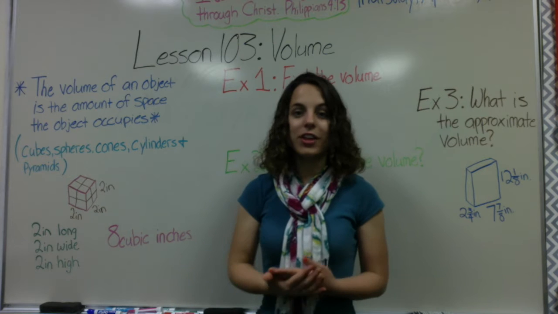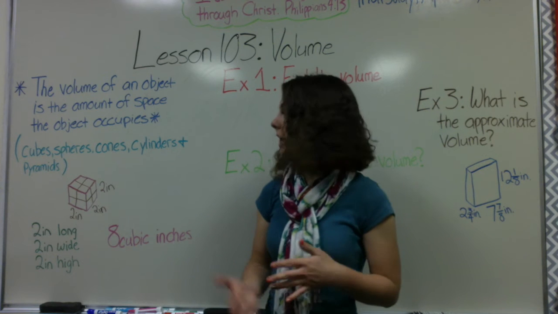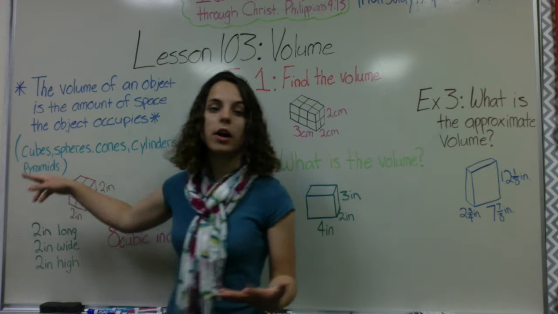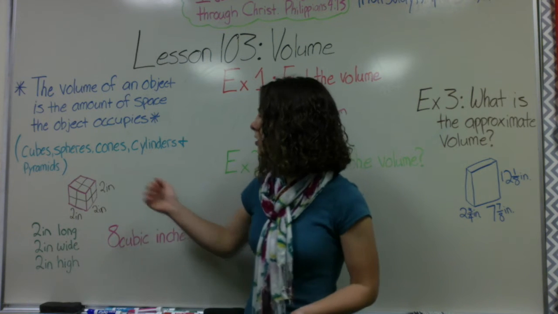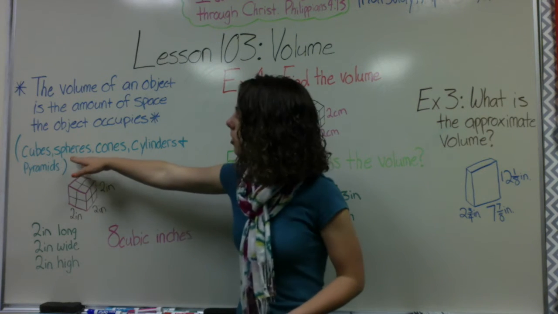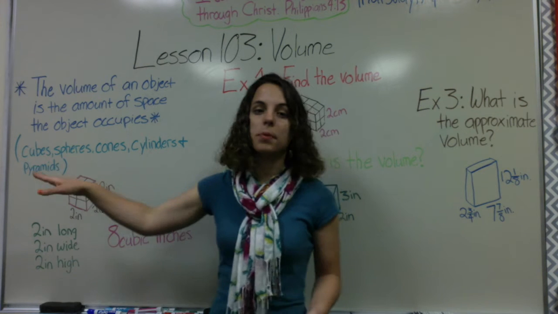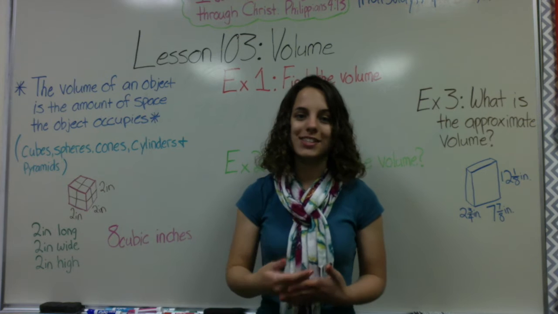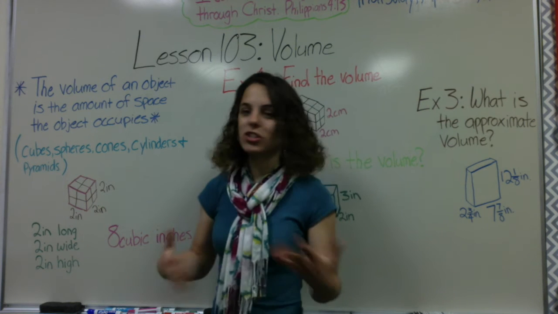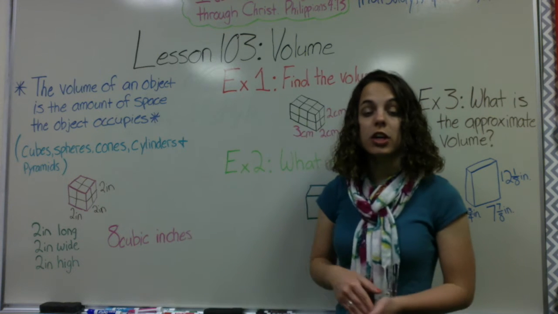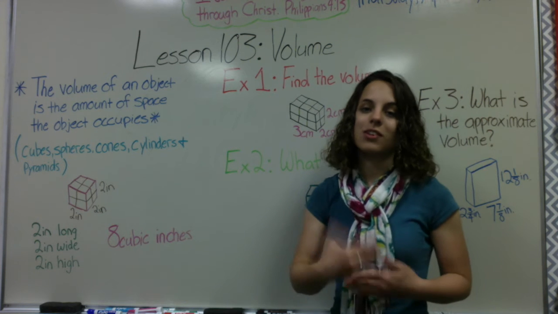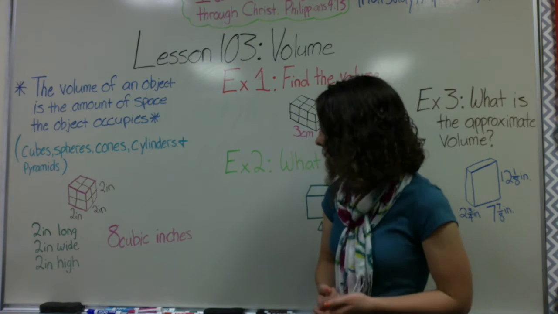Thankfully, we are only going to be starting with the basics of finding the volume of a cube or of a rectangular solid. So we're not going to be looking at spheres, cones, cylinders, or pyramids. You'll probably get more into that in 6th grade and 7th grade because there are different formulas for finding those. But for cubes and rectangular solids, those are usually pretty simple as long as you know how to multiply correctly.